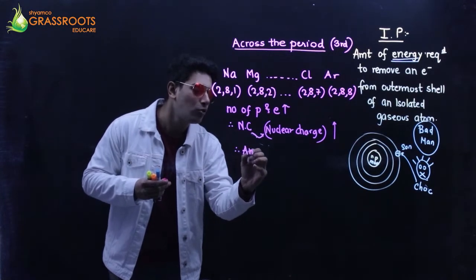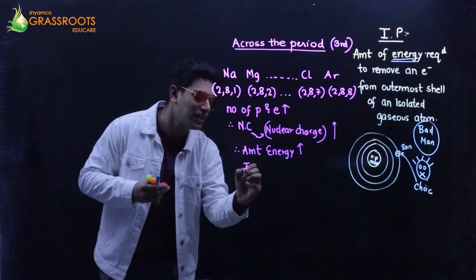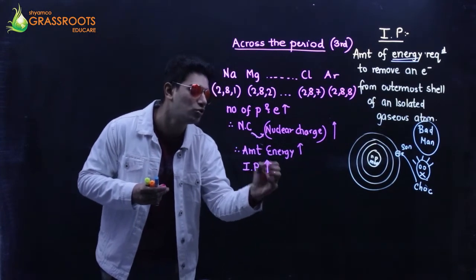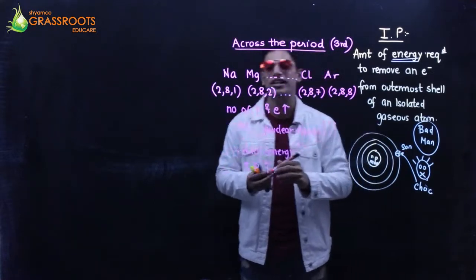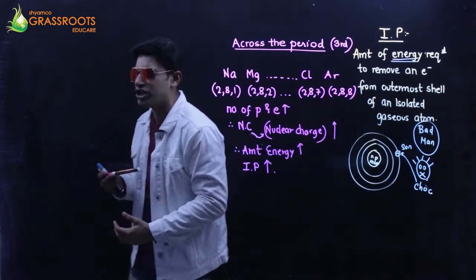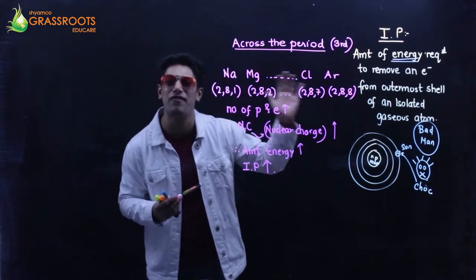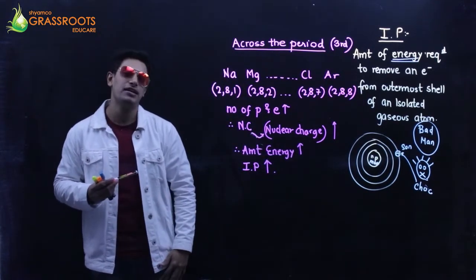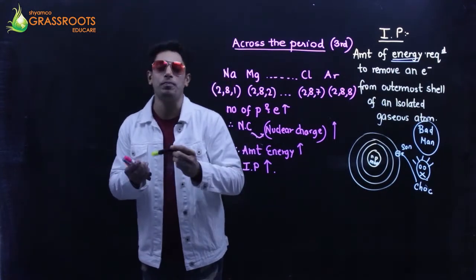Therefore, the amount of energy increases, and I can say that the ionization potential also increases. So across the period from left to right, we need to supply more energy in order to remove the final electron, the electron in the valence shell. Thus IP increases.